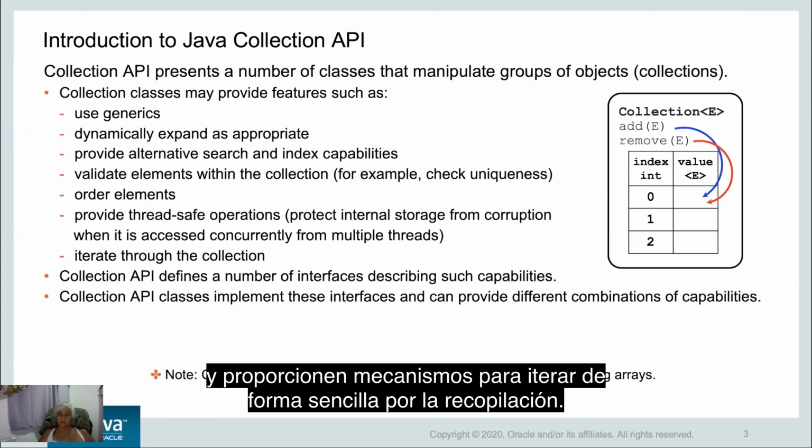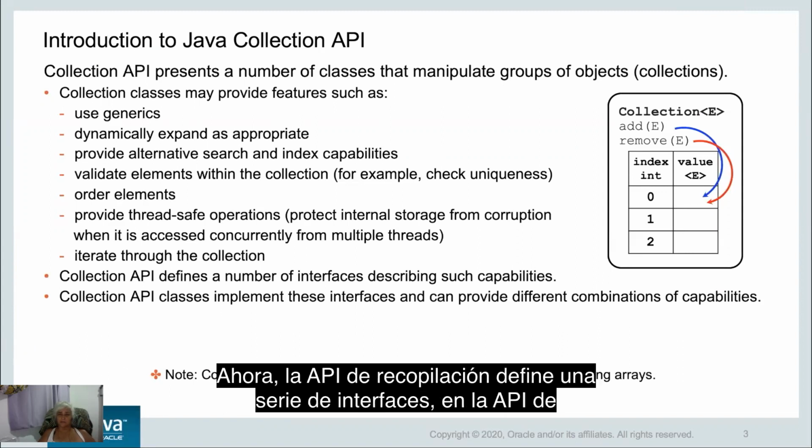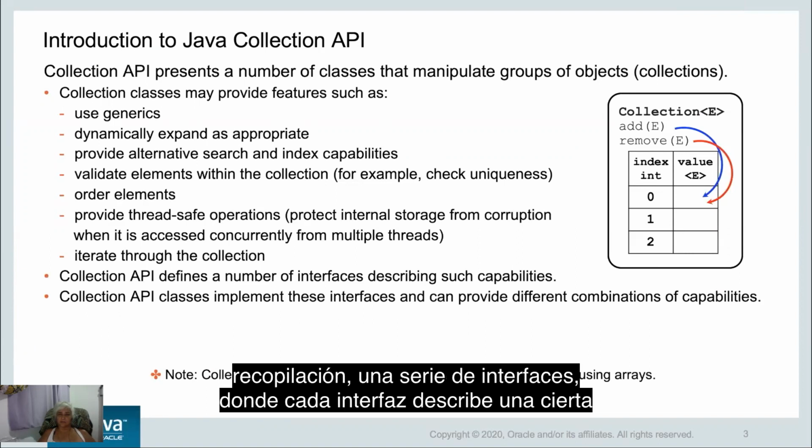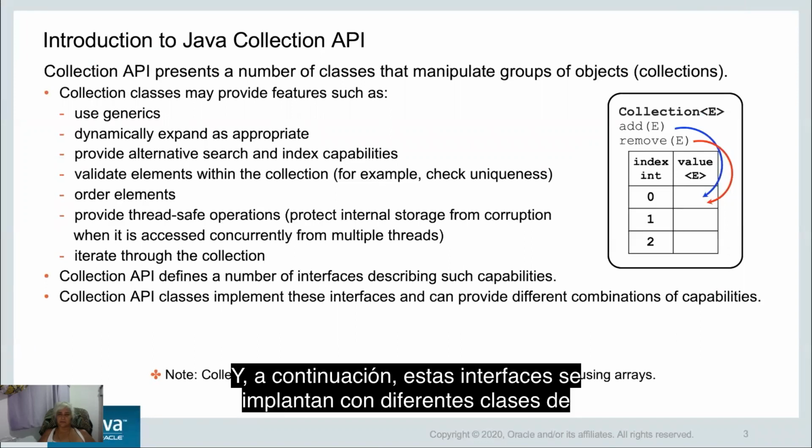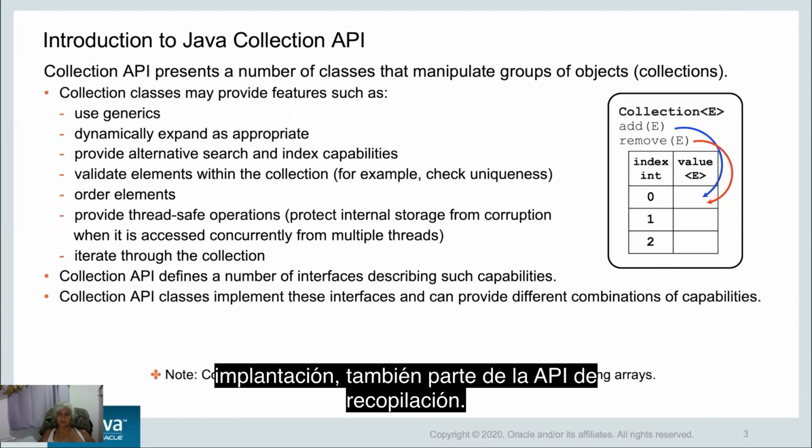iterate through the collection. Now, the collection API defines a number of interfaces, where each interface describes a certain aspect or certain capability of collections. And then these interfaces are implemented with different implementation classes, also part of the collection API.